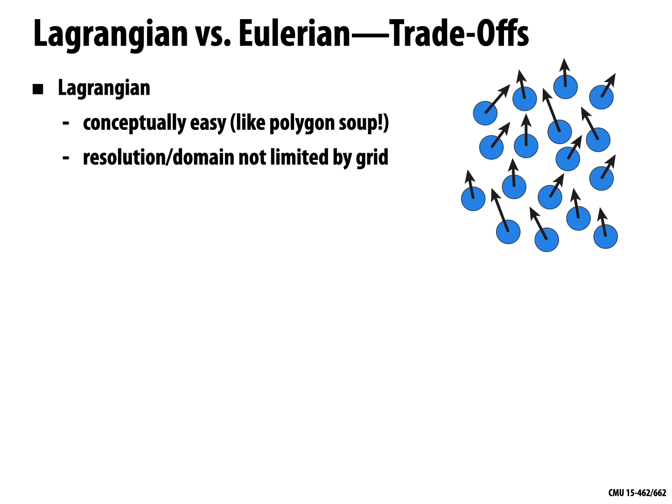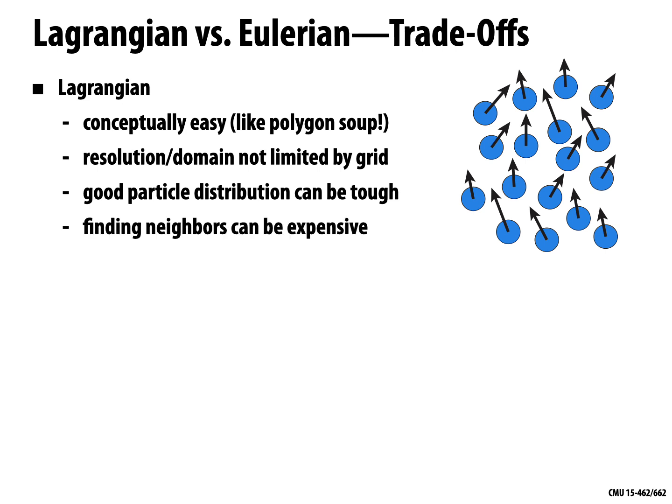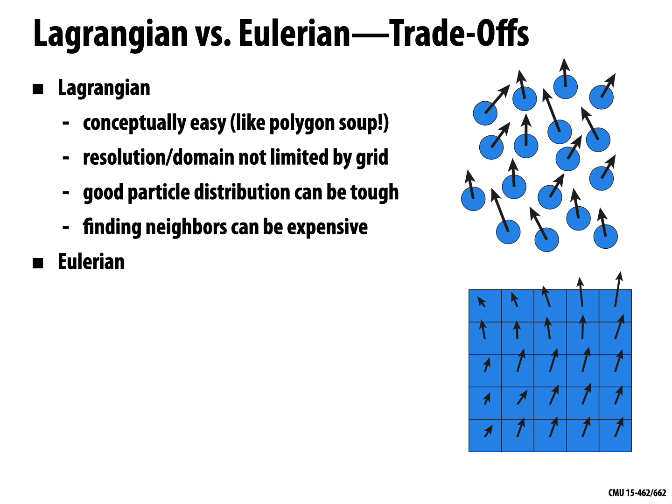You're also not forced to stay inside the bounds of some grid, so that's nice. On the other hand, getting a good distribution of particles that resolves all the features that you care about can be really tough. You know, where should you put particles when? And if you want to do some kind of spatial derivative, you might need to find your neighbors. Finding your neighbors can be expensive, right?